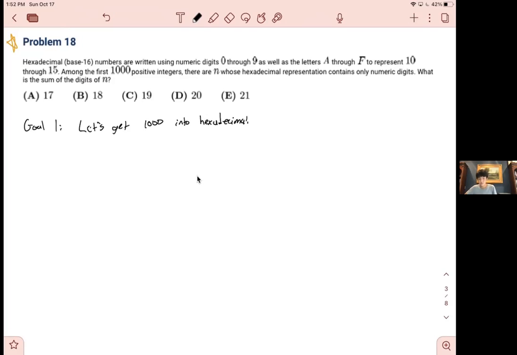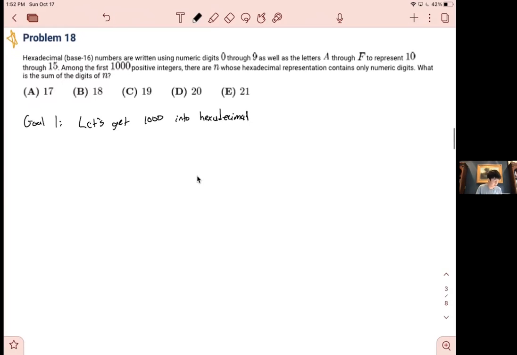The way I usually do this is not necessarily more efficient here in the hexadecimal case, but it definitely makes it very efficient in binary. Actually, I'll just write 1,000 in binary first, because I just think the way that you get 1,000 into binary is pretty cool.